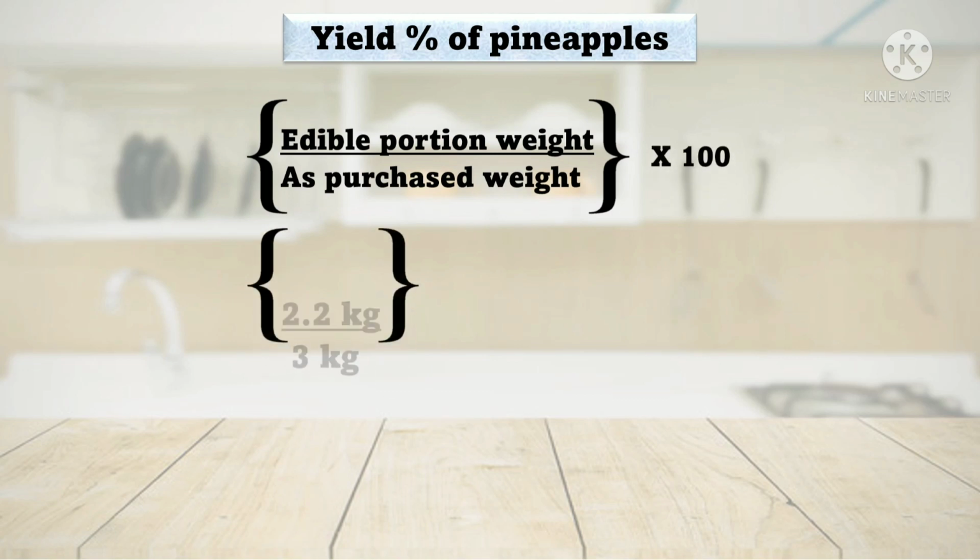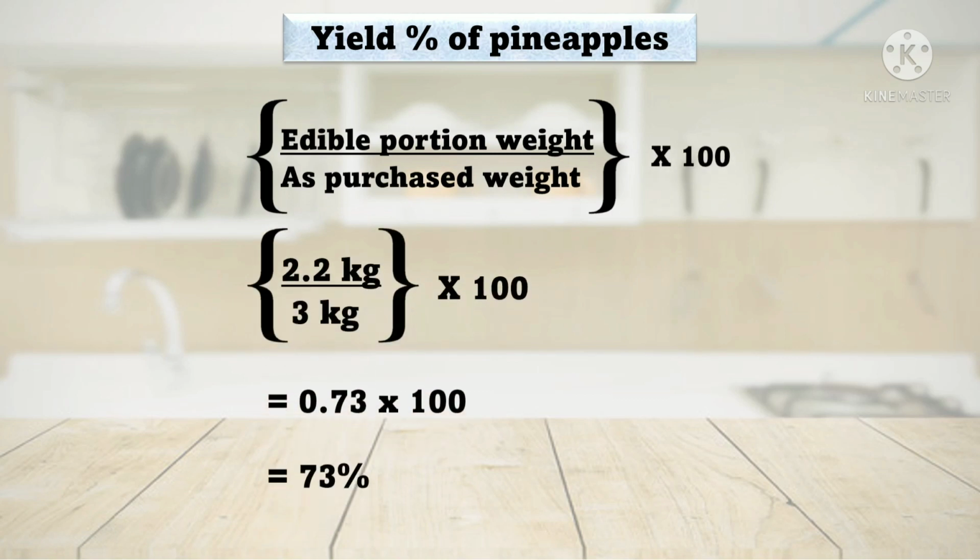Edible portion weight divided by as purchased weight multiplied by 100. The answer is 73%. Therefore, the percentage yield of pineapples is 73%.